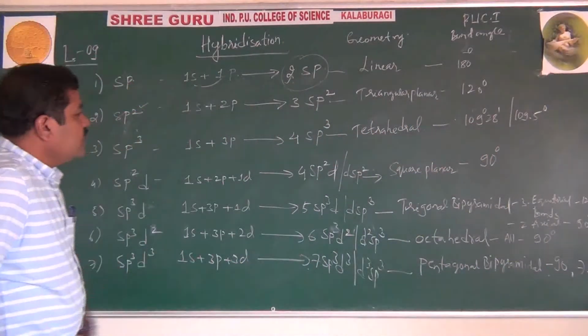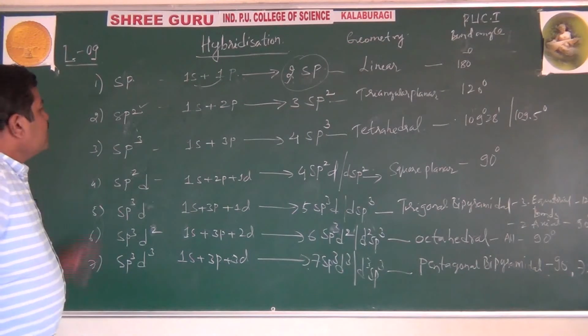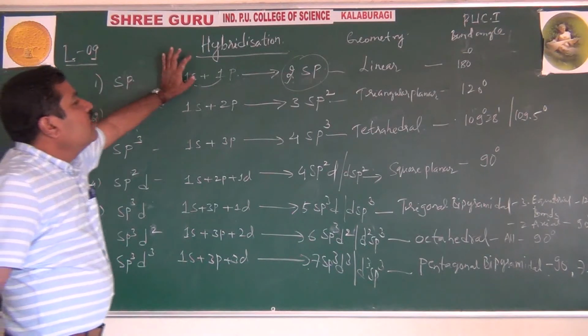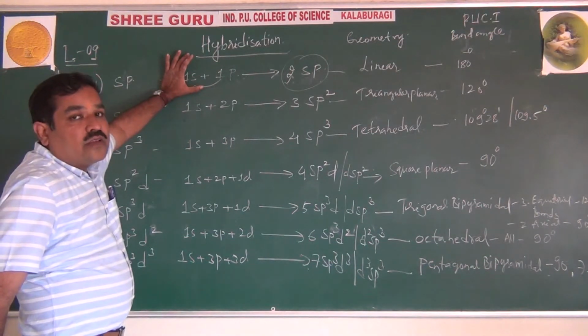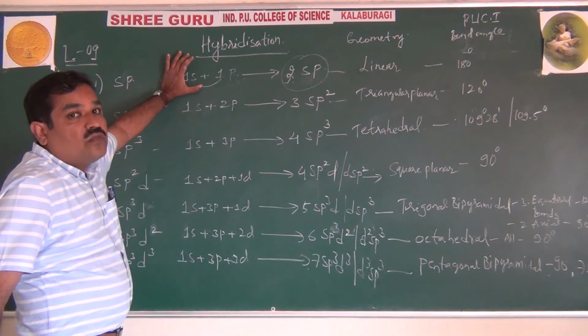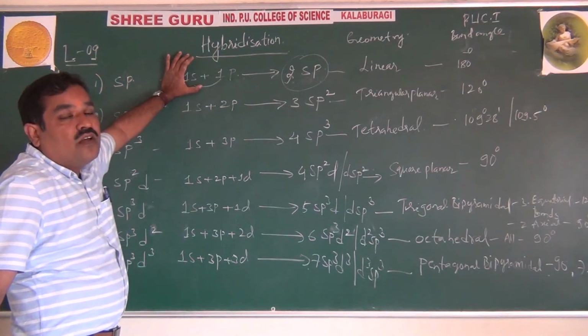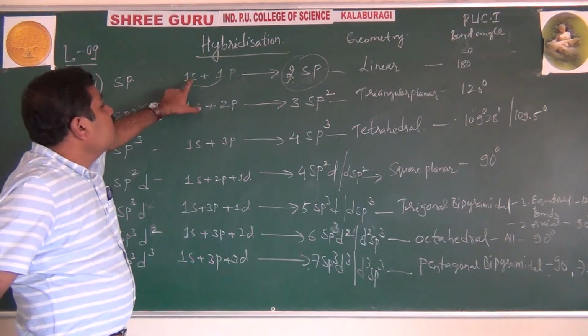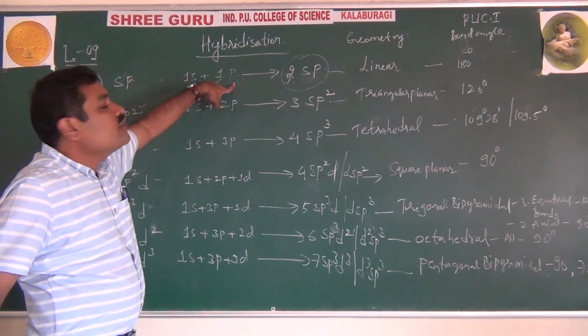This is the very important first basic of hybridization. Now you come to know what the definition is. Intermixing of atomic orbitals. That's why I told you not just two or more: intermixing of atomic orbitals of slightly different energies. S has a different energy, P has a different energy.